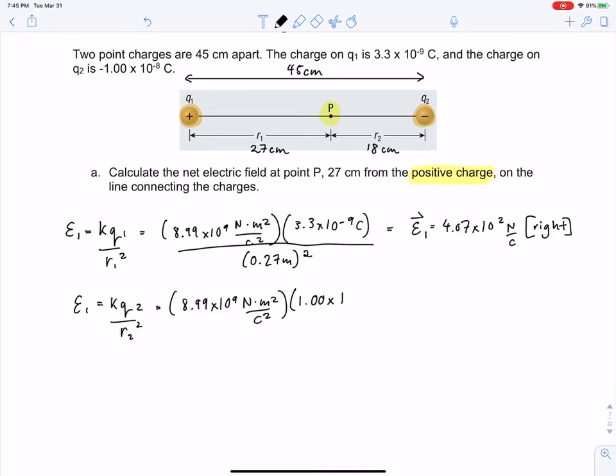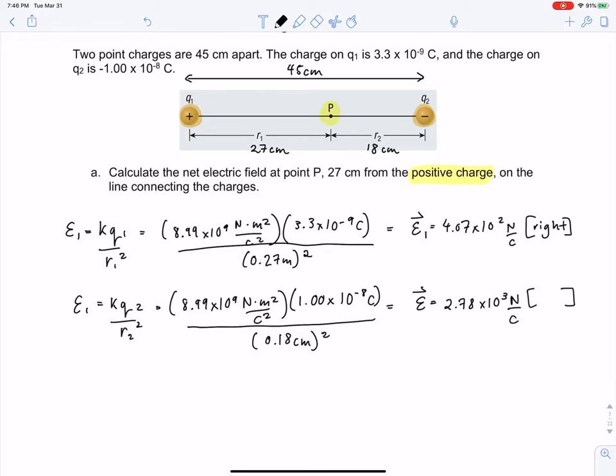Times 10 to the power of negative 8 coulombs divided by, as I mentioned, a distance of 18 centimeters squared. And just verify that subtraction. Yes, that was correct. No shame in double checking. Punch this into your calculator. You end up with a magnitude of 2.78 times 10 to the power of 3 newtons per coulomb.